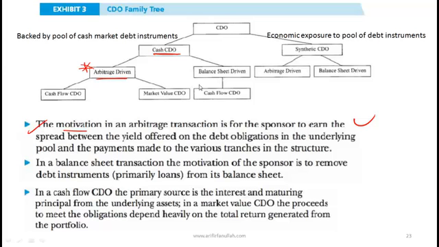A balance sheet-driven CDO. In a balance sheet-driven transaction, the motivation of the sponsor is to remove debt instruments, primarily loans, from its balance sheet. The curriculum doesn't get into too much detail on this, so just memorize this term: one of the motivations for a cash CDO is to remove assets from the balance sheet.